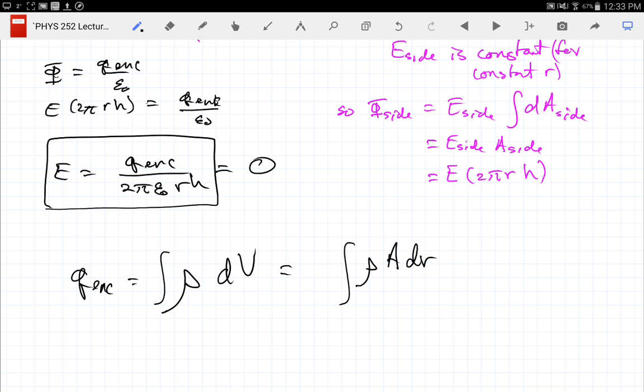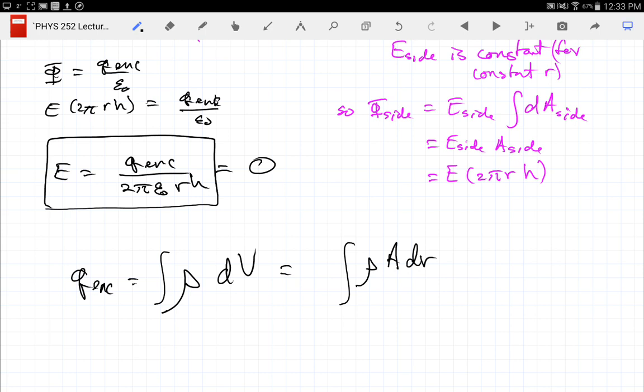Gotcha. So for part B, I have to do this integral, charge enclosed, this integral of rho dV over the volume that's enclosed. And so then I rewrote that as rho A dr. What did I do in changing it from rho dV to rho A dr? I'm integrating over cylindrical shells.